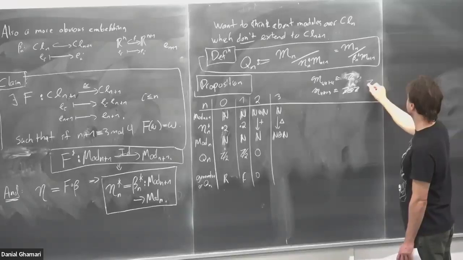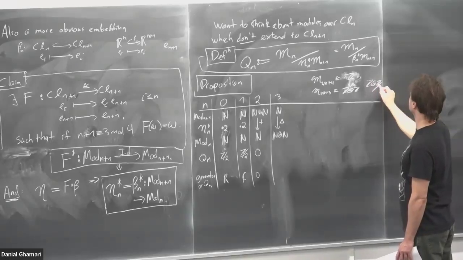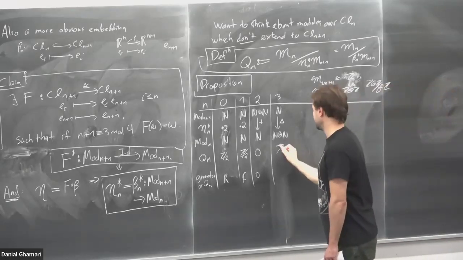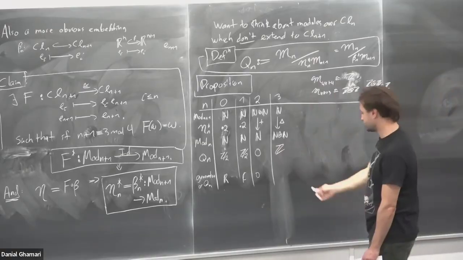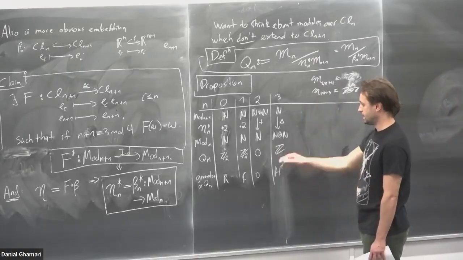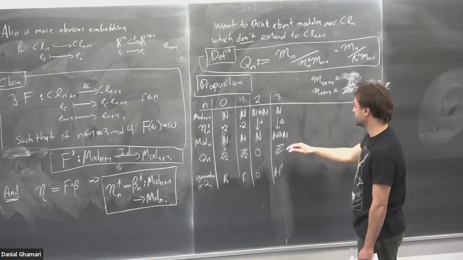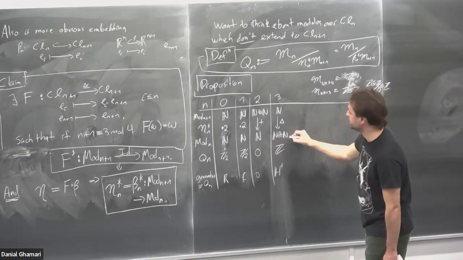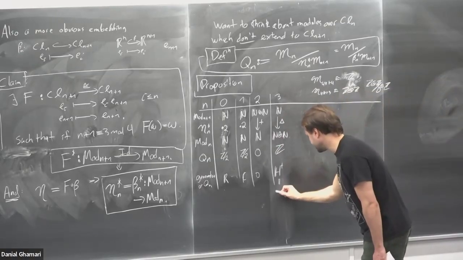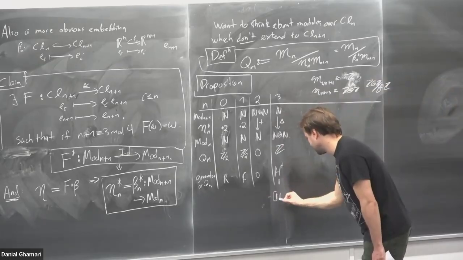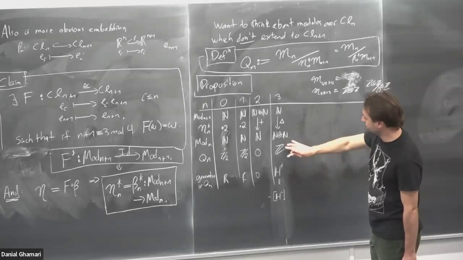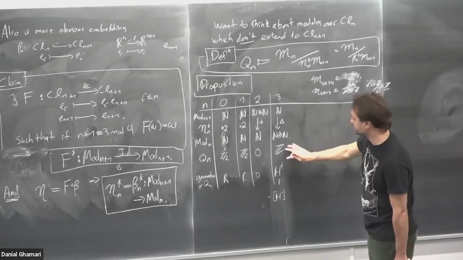It's a fact that Z plus Z modulo the diagonal is just another copy of Z. So our Q_n here is Z. For the generator we're going to take the element H plus. In Q_n, because we know that H plus H minus is in the image of the diagonal, H plus is actually the minus of the element H minus. So H plus gives us 1 in this group, and H minus gives us minus 1.